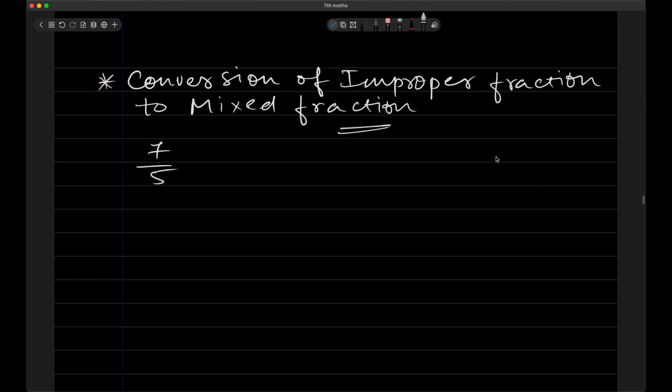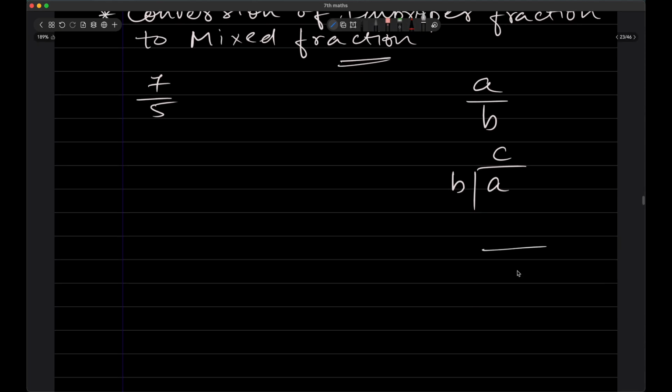Now to convert this, let us say we have the improper fraction of the type a divided by b. We will divide numerator by denominator. We will get the quotient c, and let's say we are getting the remainder as d. Then the mixed fraction will be c, that is complete, and remainder d, and b as it is, that is denominator as it is.